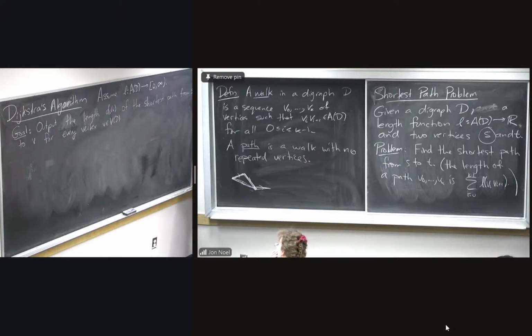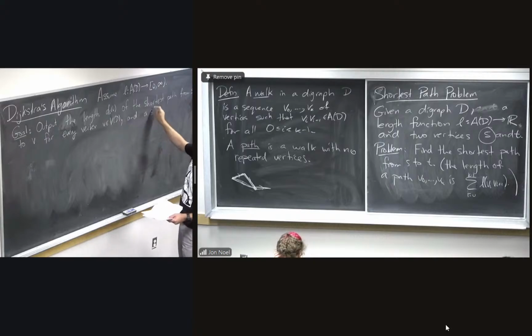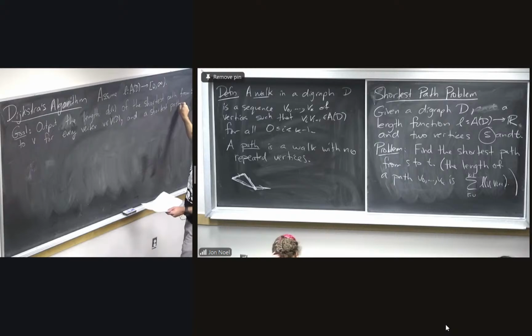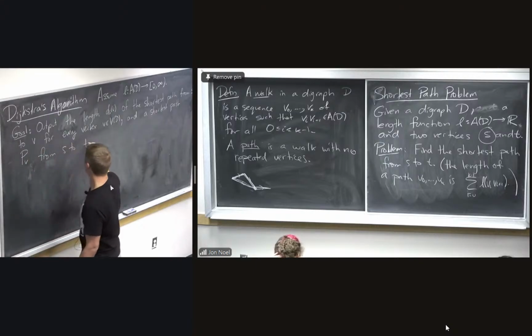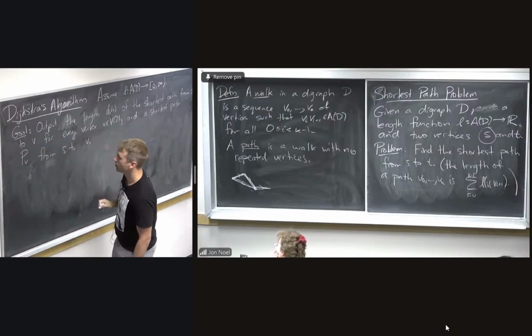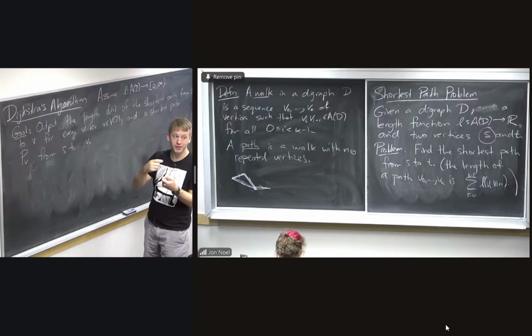But anyway, this is what we're going to output. But also we're going to output a shortest path p sub v from s to v. Okay. So that's our goal. We want to compute these numbers, and we actually want to output the actual path, right?